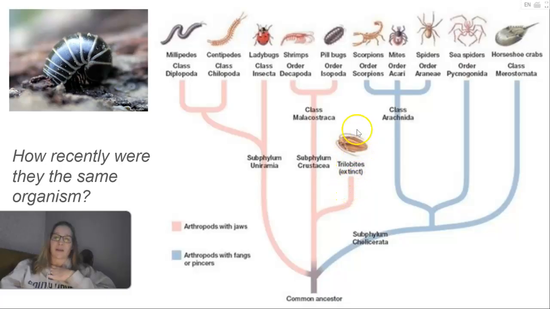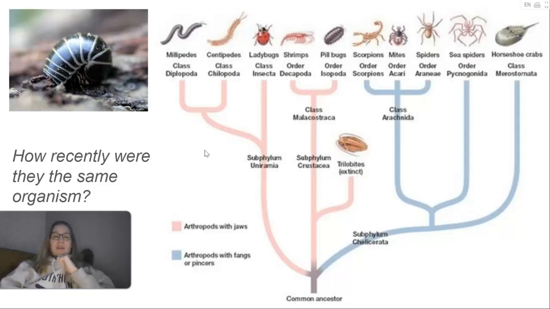See how that line stopped right here because it is no longer part of the existing community of arthropod species. Okay, so if we asked the question, what is the most closely related arthropod to centipedes?